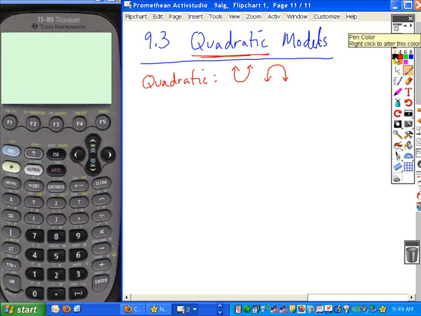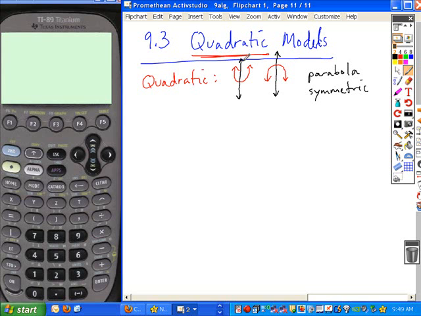These graphs are called parabolas. And a parabola is symmetric through a vertical line. So if you take any quadratic equation, the graph of it is going to be the same on the left of some vertical line as it is to the right of that vertical line. A quadratic equation is going to either open straight up or straight down.